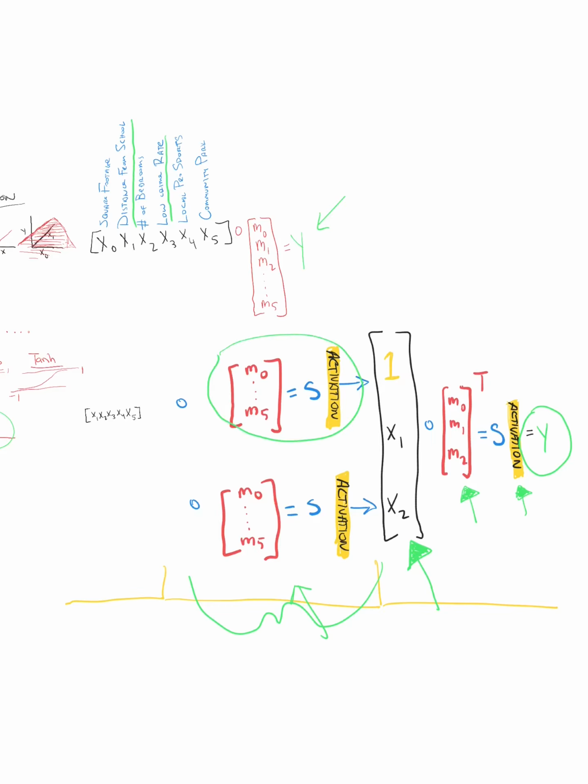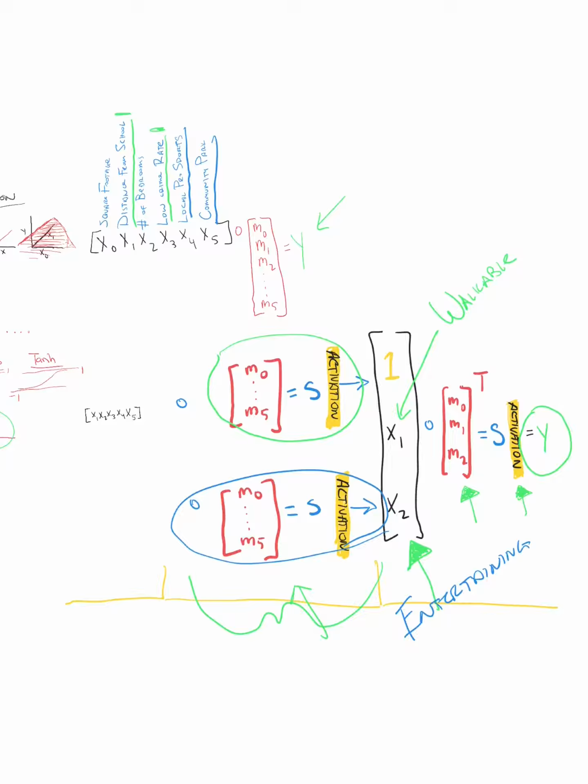Imagine that for x1, these weights were trained and tuned to understand the relationship between distance from school and low crime rate, resulting in a new feature that highlights how walkable an area is. Similarly, this dot product's activation might have learned how entertaining an area is based off of if there's a community park and a local pro sports team to cheer for.